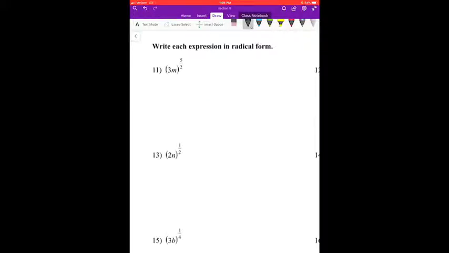So let's look at number 11. What would the index be? The 2, right? That's the index. What does the 5 tell you? Right, it's the exponent. So if I'm writing this in radical form, when it's a square root, do I write anything as the index? No, that's implied, right?